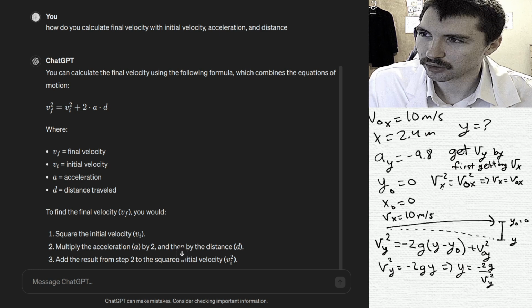Vx, what is it? Is it the velocity? So is it just 10 equals 10 squared plus Vy?